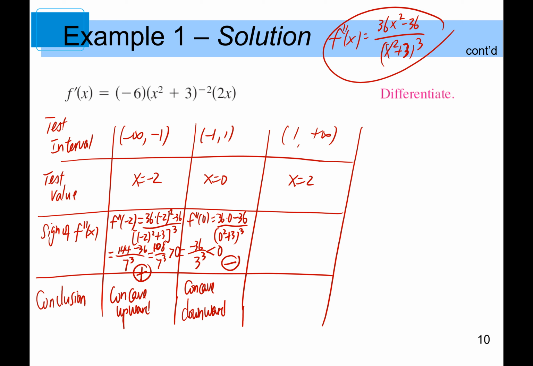The third interval, f double prime of 2 equals 36 times 2 squared minus 36 over 2 squared plus 3 to the third. This becomes 144 minus 36 over 7 cubed. Again, it's greater than 0, so it's positive. That means it's concave upward.